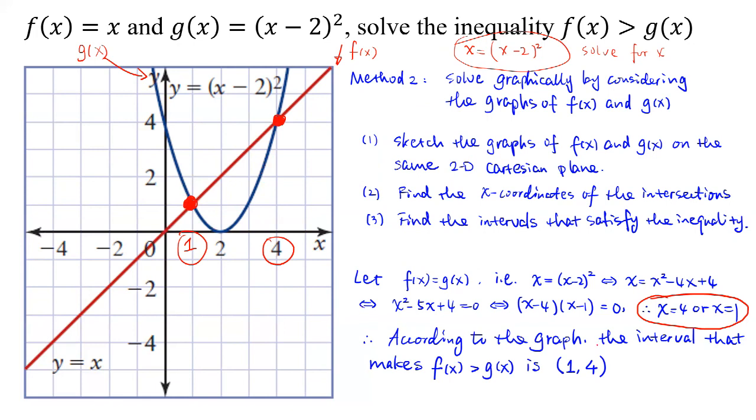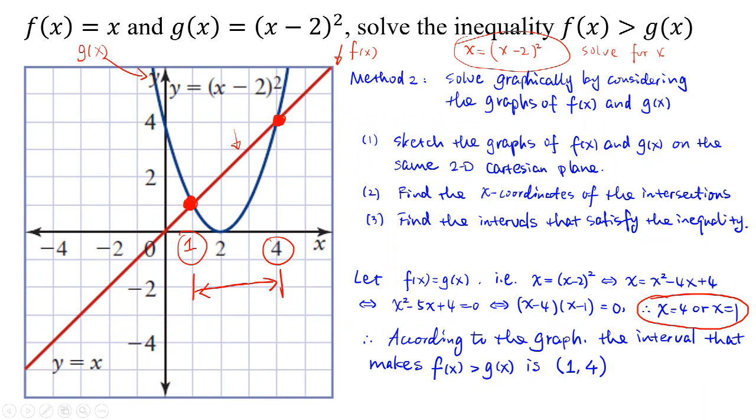And then according to the graph, the interval that makes f(x) greater than g(x), which means the red curve must be above the blue curve, right? So only in this interval here, the red curve is above the blue curve. So the solution of this inequality is from 1 to 4, exclusive.